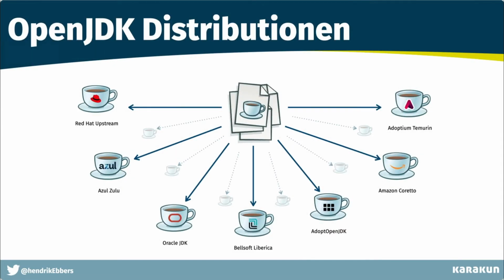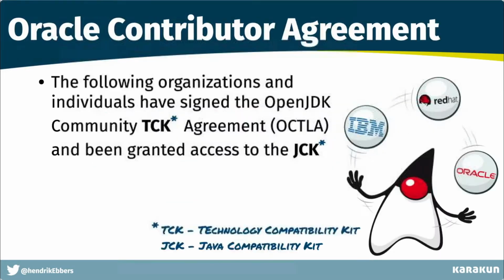To call such a distribution that you are building out of the OpenJDK, I mean, everybody of us, if you get into it, can build such a distribution. But if you really want to call it a Java runtime, you need to pass the TCK, which is the Technology Compatibility Kit. This is something that came from Oracle, and this is not part of the OpenJDK.